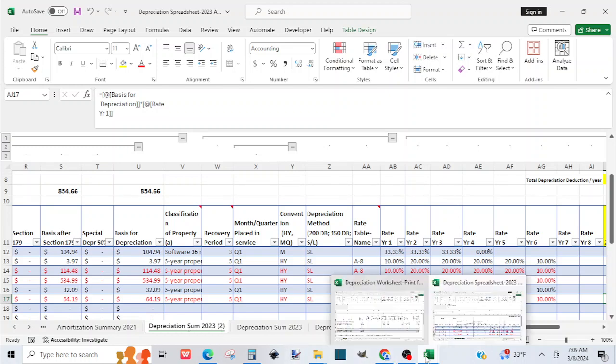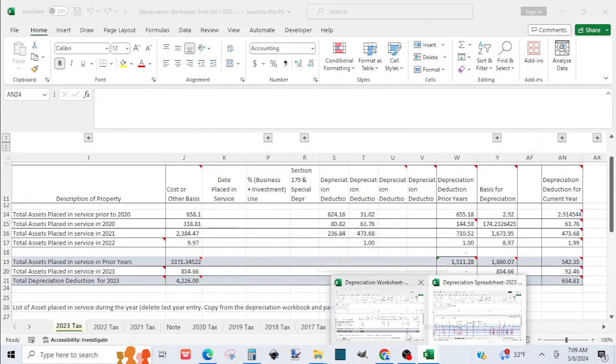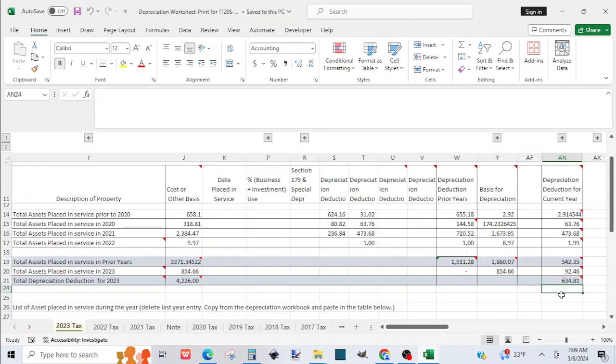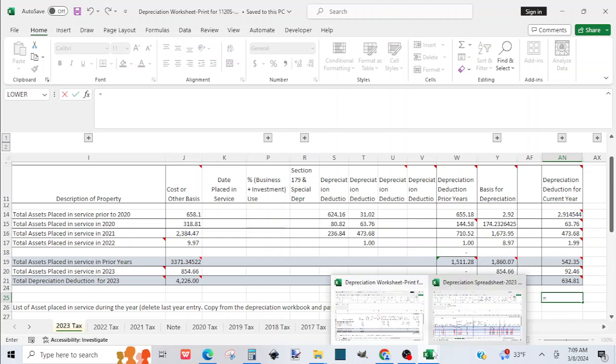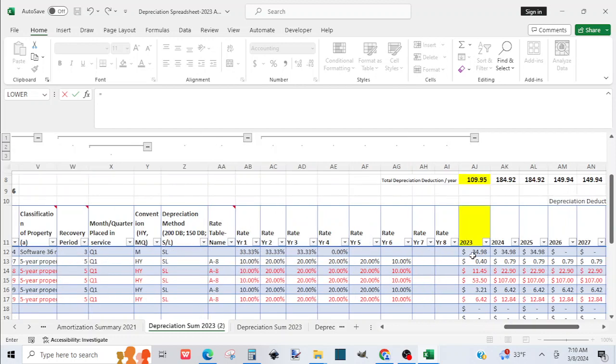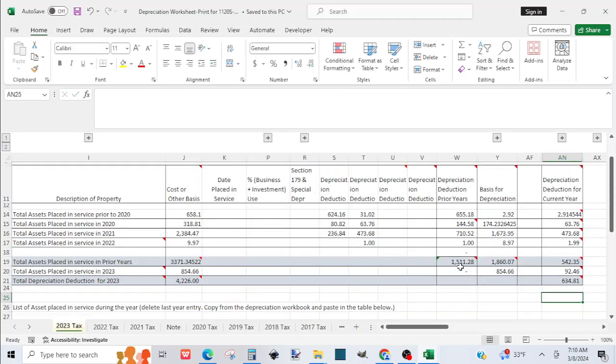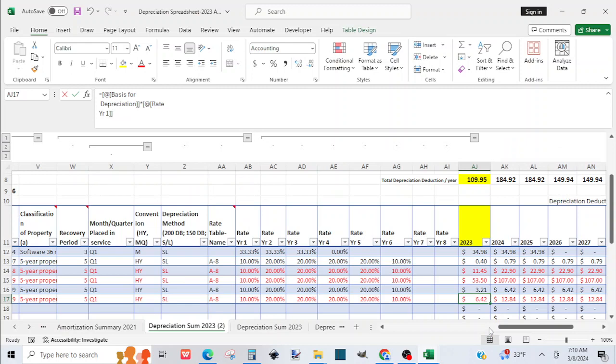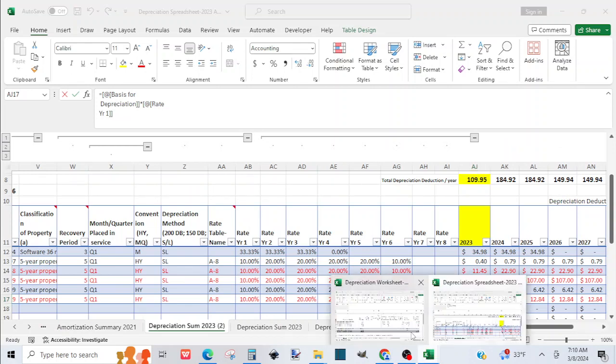So if we go back and we do equal, 34.98 divided by 2 for half, for 6 months, for half a year.